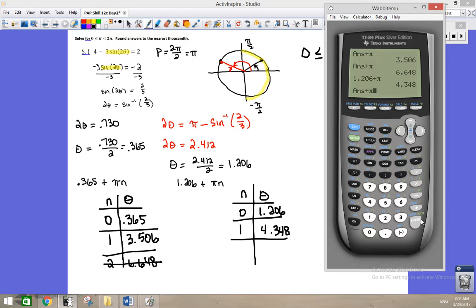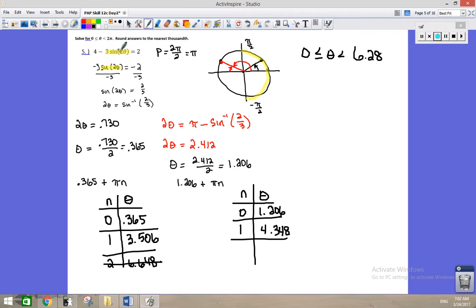It's bigger than the 6.28, so I don't need to write that solution down. So I've got 4 solutions. With it just being theta, I would have expected 2 solutions, but when this shrank my period from 2 pi to pi, it introduced 2 more solutions on that interval from 0 to 2 pi.